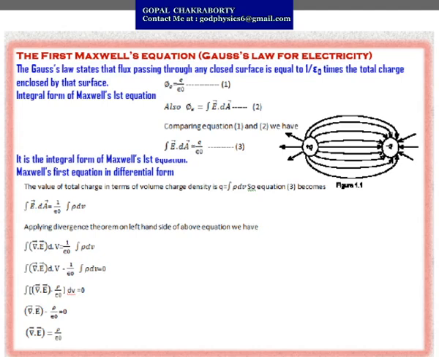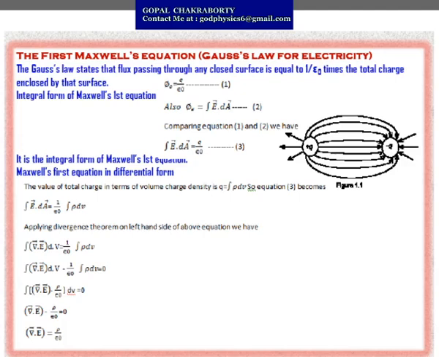Now that volume integration of dV can't be 0, because volume may be infinitesimally small, but it can't be 0. It has a value. It may be negligible, but it can't be 0. So to satisfy this expression, the rest of the part must be equal to 0. That means del dot E minus rho by epsilon naught equals 0.